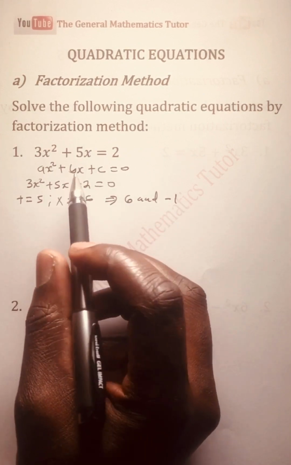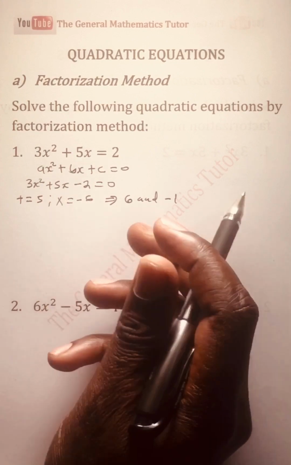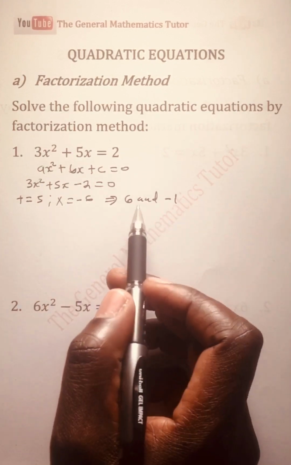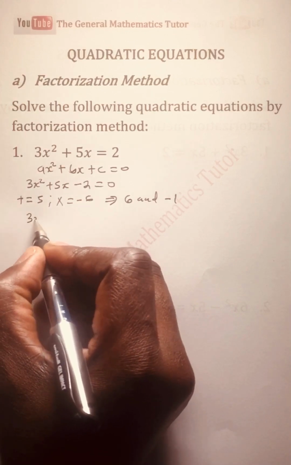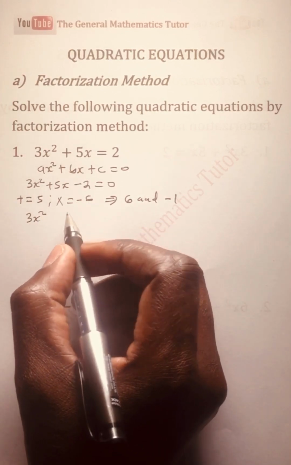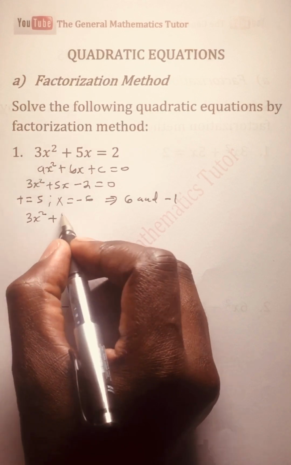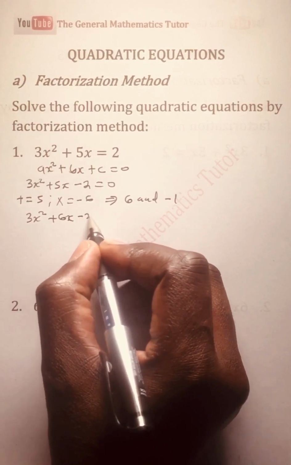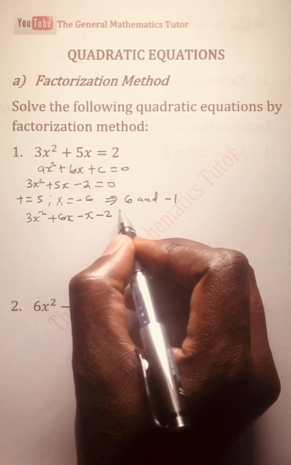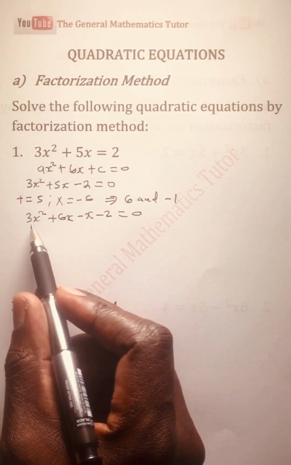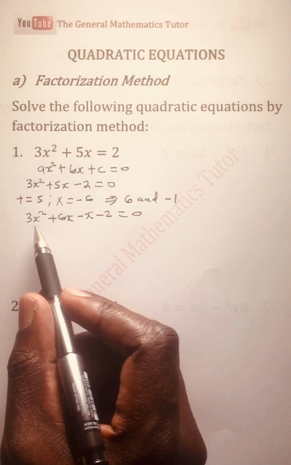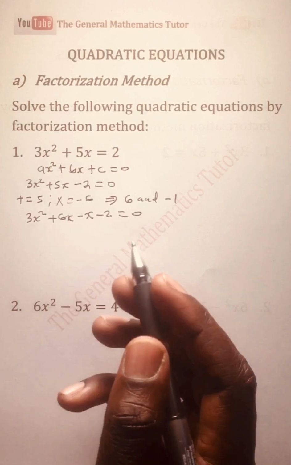The next thing is to split b into these two numbers, 6 and negative 1. So we write the equation as 3x squared plus 6x minus x minus 2 is equal to 0. After that, we look for the common factor between the first two terms, and the common factor is 3x.